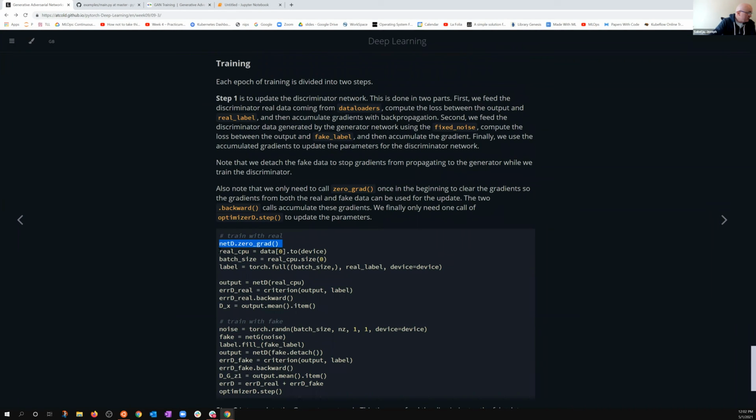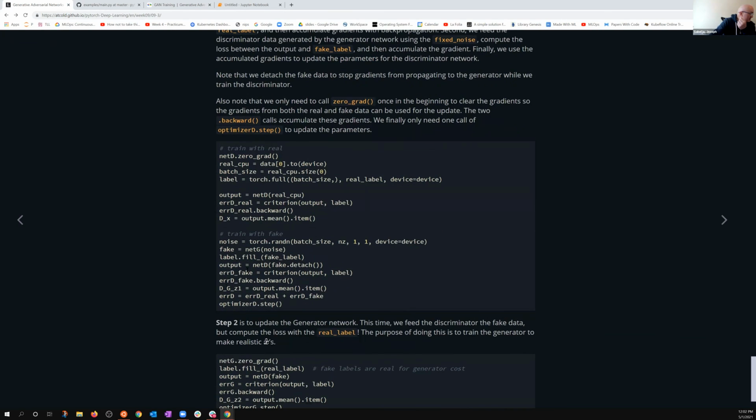We basically label the data, and then we run that, generate the cost function, do backprop, and then the output of the discriminator, I believe.